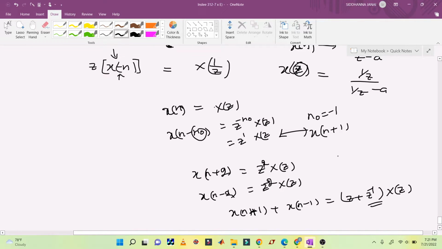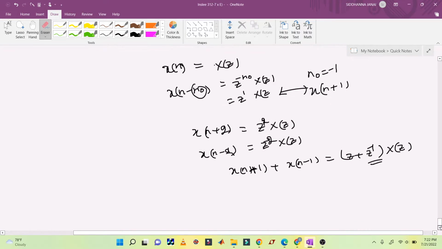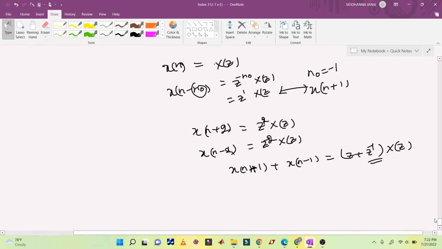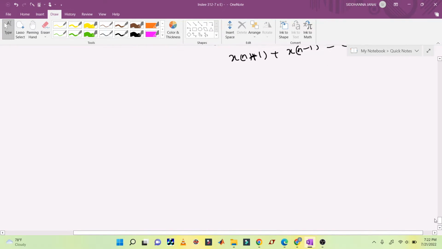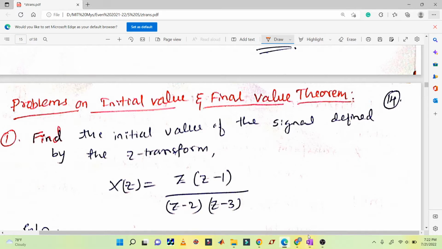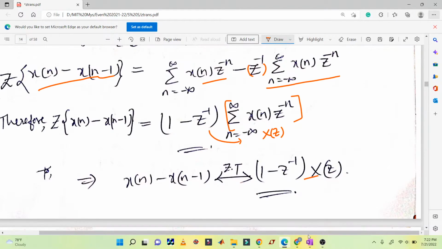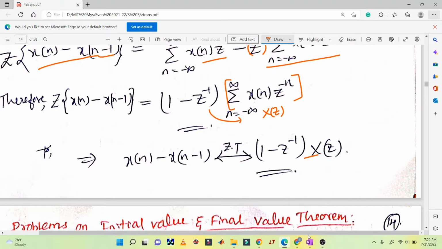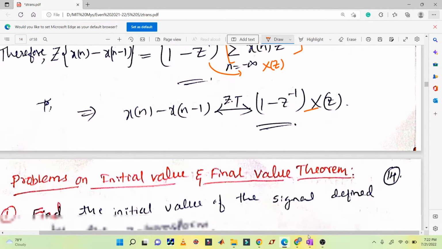Simple. Clear? There is another aspect of this that we will discuss later. But the basic idea behind these transforms is the difference property: x of n minus x of n minus 1, you will get 1 minus z inverse into x of z.